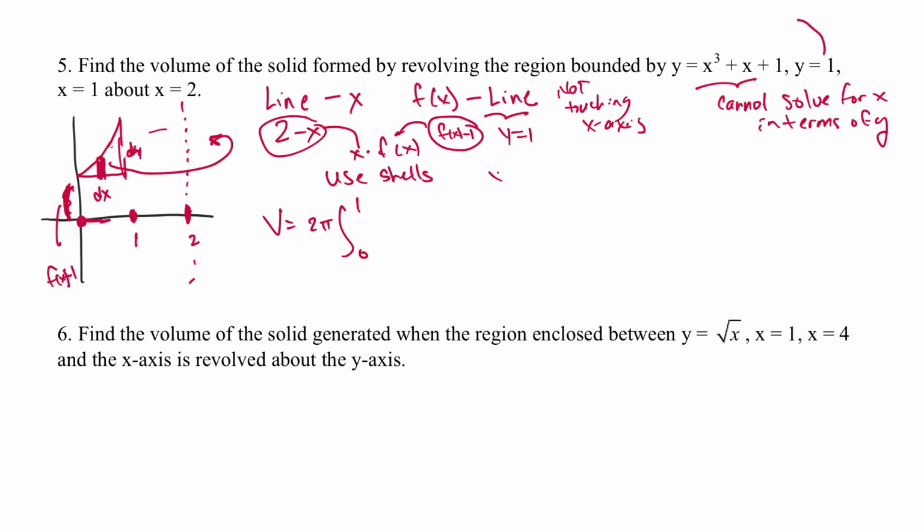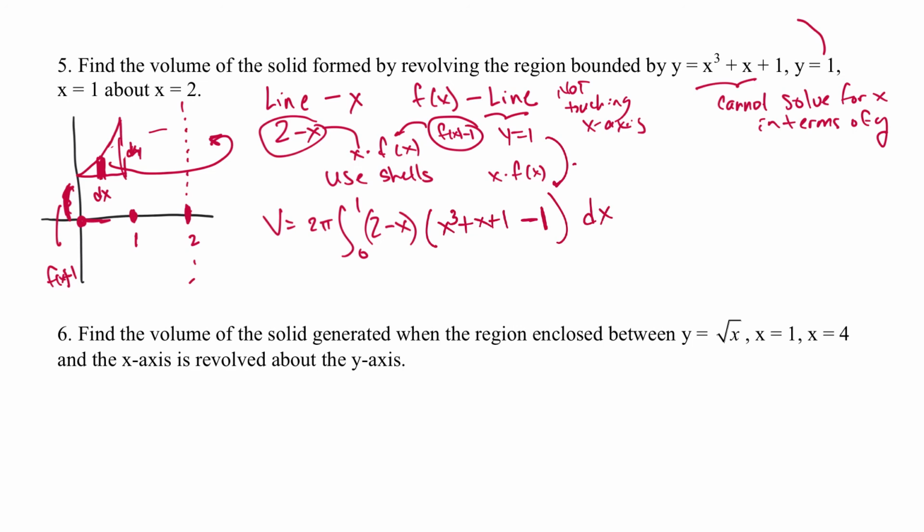And then, remember, it's always x times f(x), but in this case, it'll be 2 minus x, because it's my line of rotation right here. And then, on the other hand, I've got f(x) minus 1, because I'm up off the axes and not touching the axes. So this is going to be x³ + x + 1 minus 1, right? This is y = 1. And this will be dx.